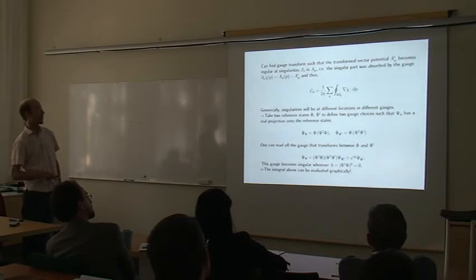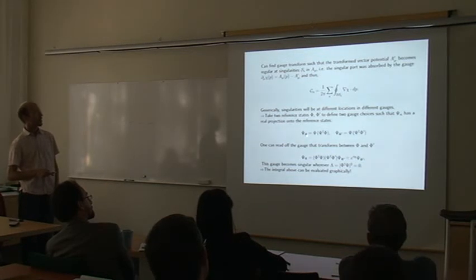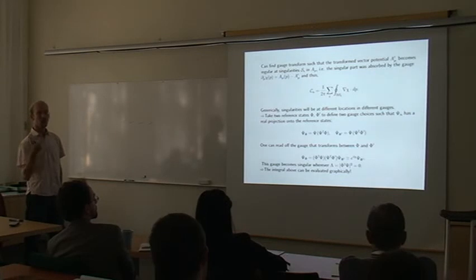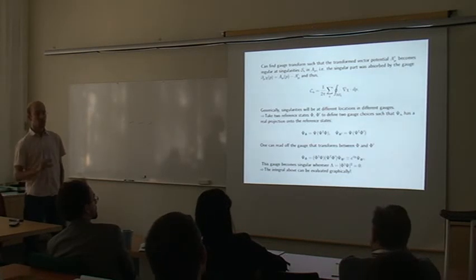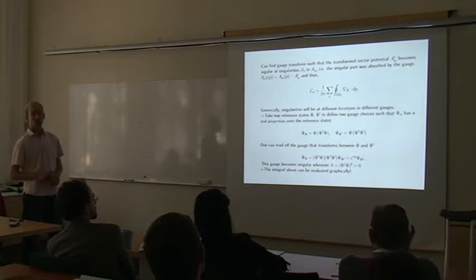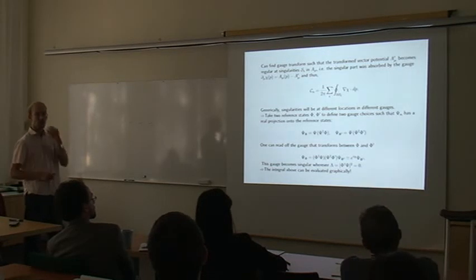So for that to work, we take two reference states. We take a given choice of the twisted boundary conditions. We calculate the ground state that defines psi and phi. And then we take a different choice of twisted boundary conditions that gives you phi prime.